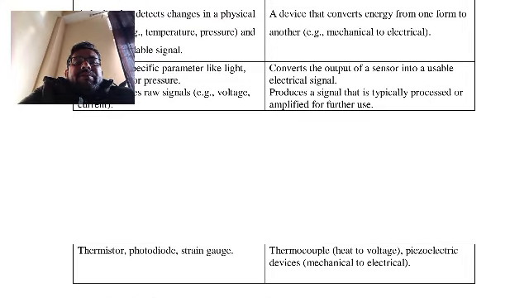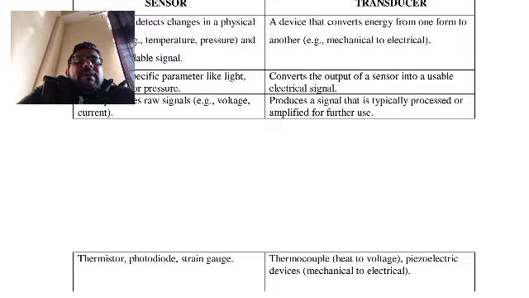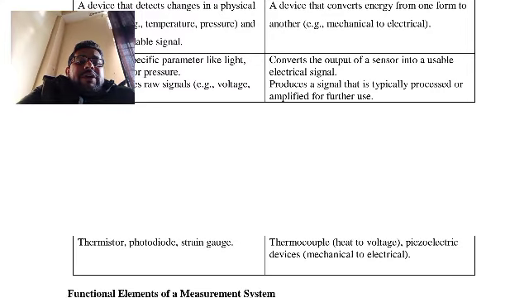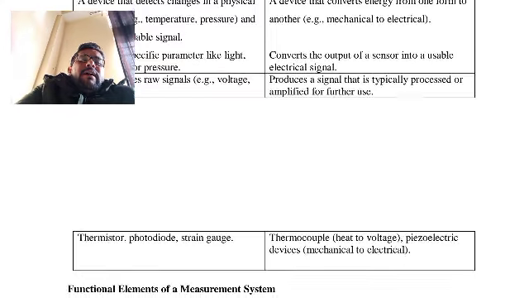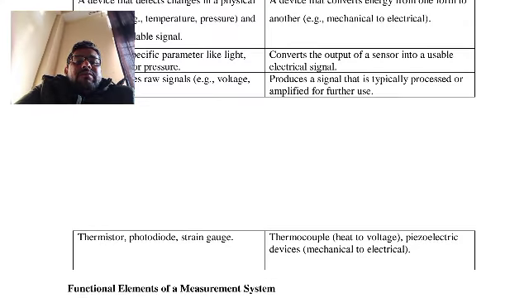Last, we will talk about examples. Thermistor, photodiode, and strain gauge are examples of sensors, while thermocouple and piezoelectric devices are examples of transducers.